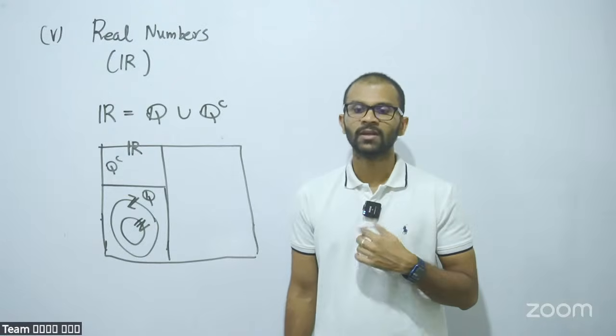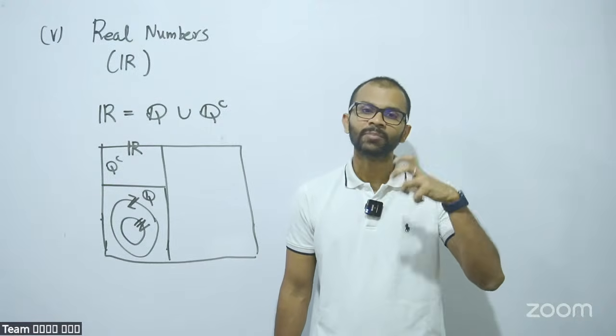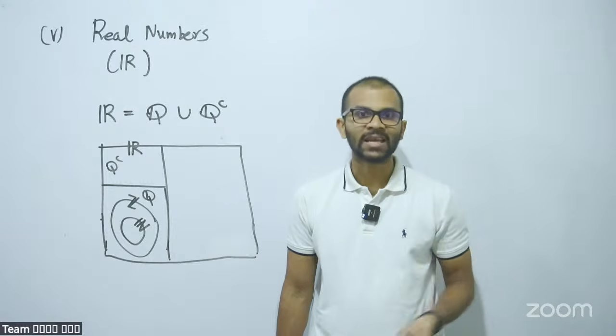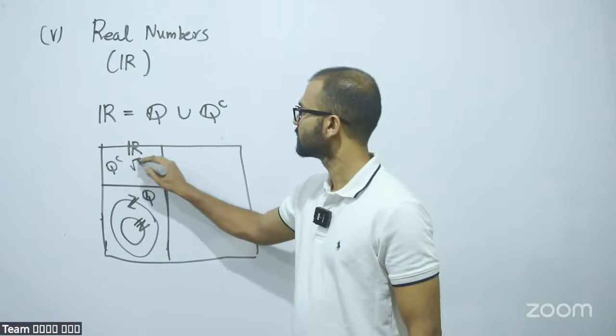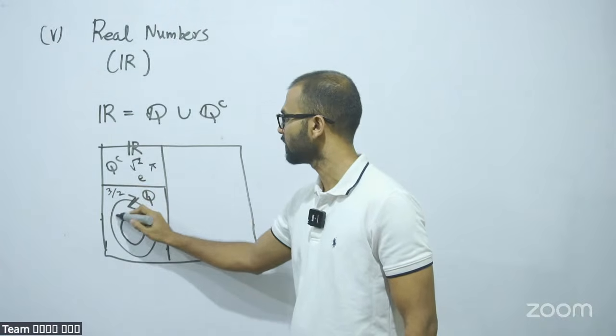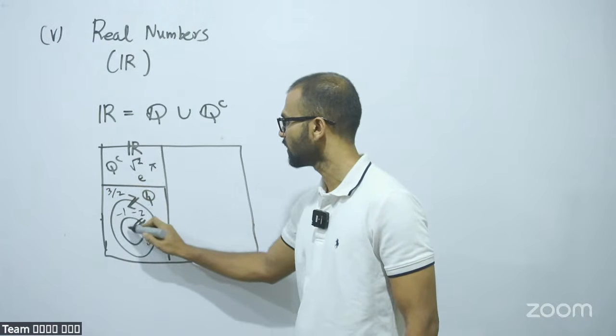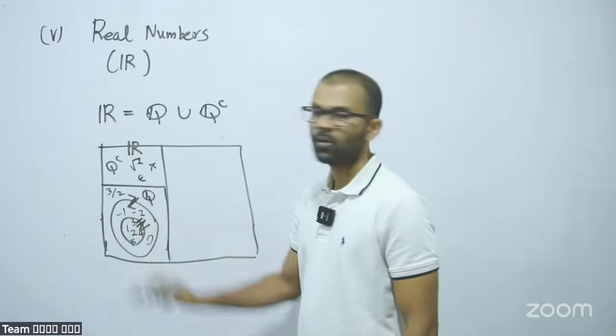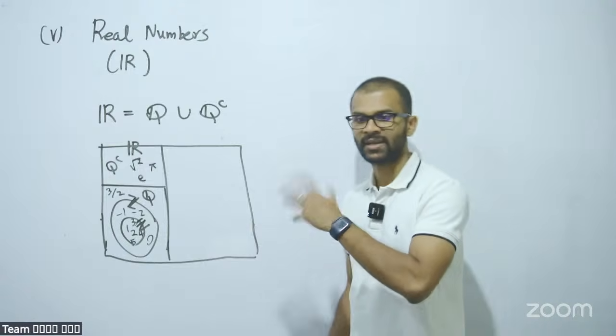Right? And as the complement of Q, we have the irrational numbers. Here we have fractions. Here we have -1, -2, 0. Here we have positive whole numbers. Right? Can you see the categorization?